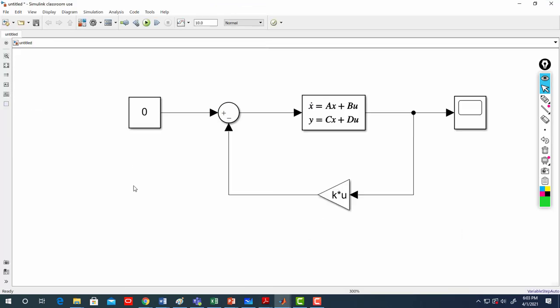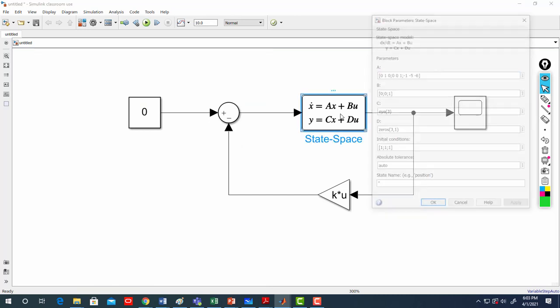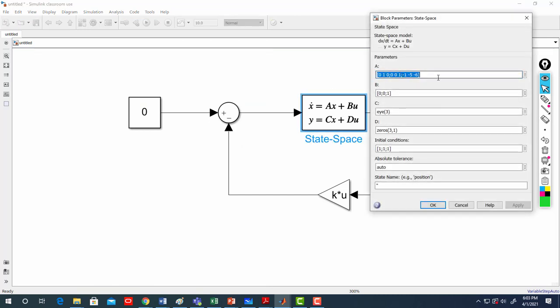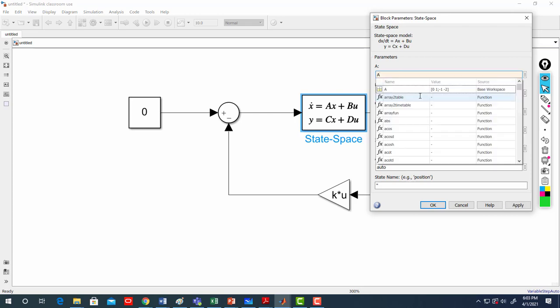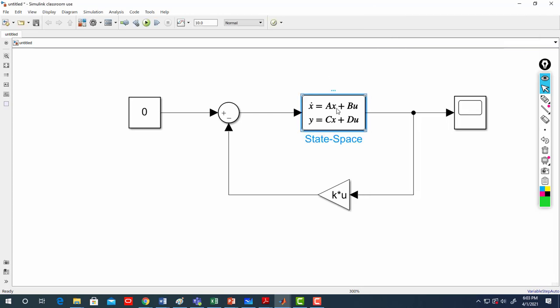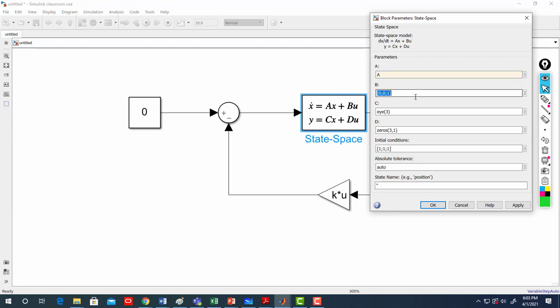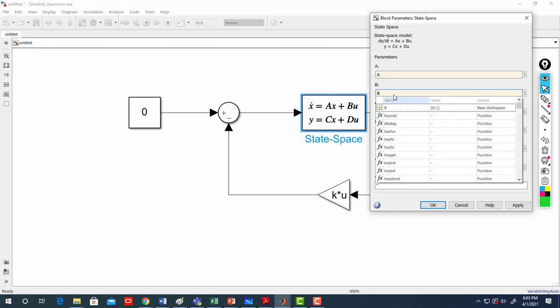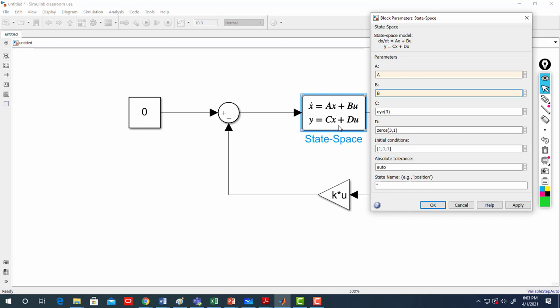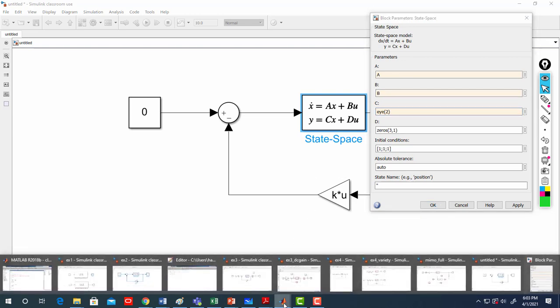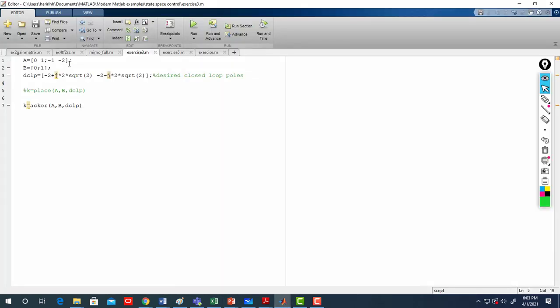So now my A is defined, and you don't need to enter it this way. So I say A, and because it's defined, I say B, and for C, I take the identity matrix. Here it's I2. Why I2? Because it's 2 by 2 dimension. Look at your matrix A, it's 2 by 2.